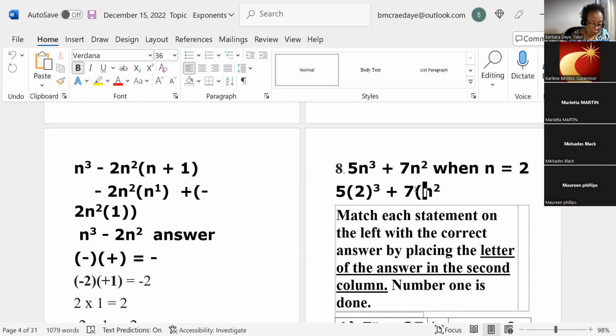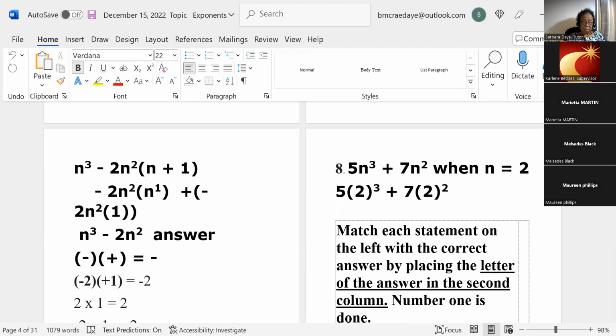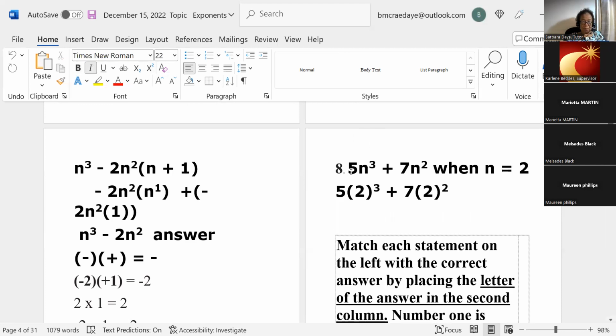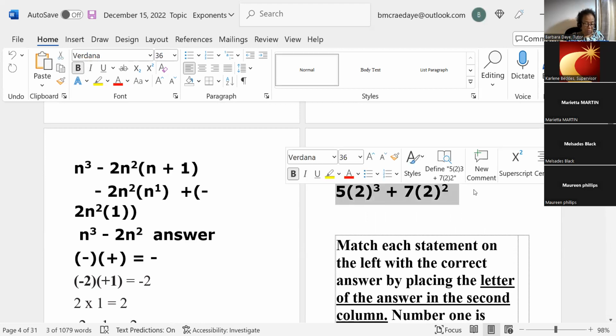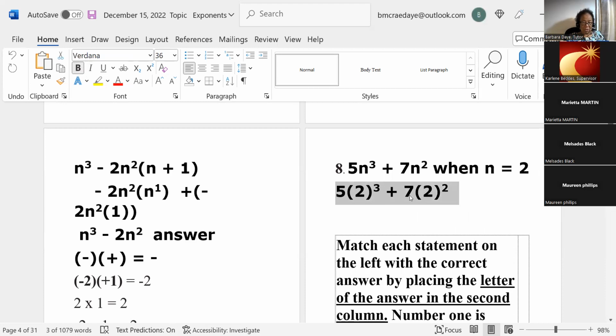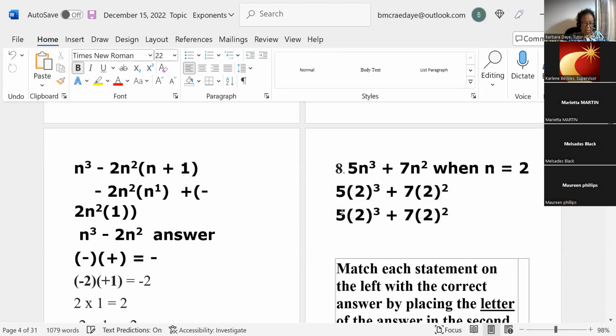Marietta, are you putting the 2 there? Anybody got an answer? Mercedes, we still have your static noise.